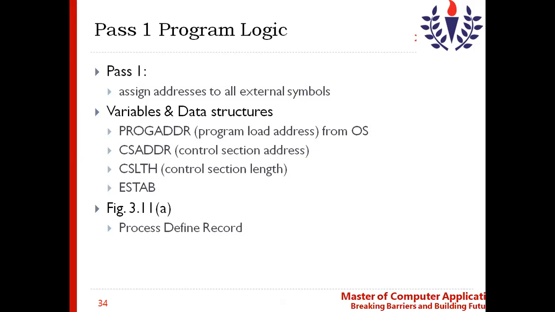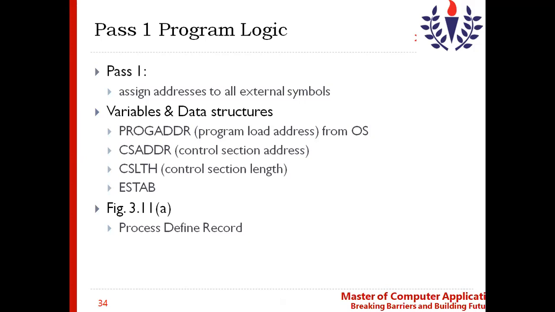And the variable PROGADDR, the program address, is nothing but the load address which is taken from the operating system. When the program is allotted memory space, in which memory location the program has to be loaded is given by the operating system. Though the loader is loading the program into the memory, the memory location is given by the operating system.